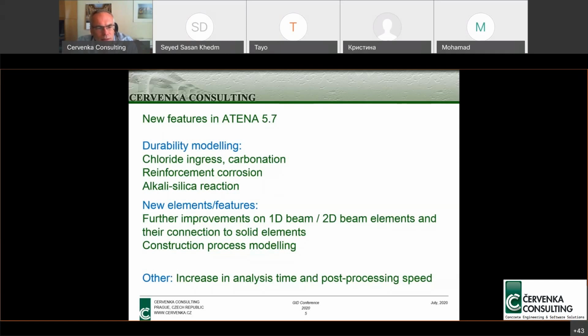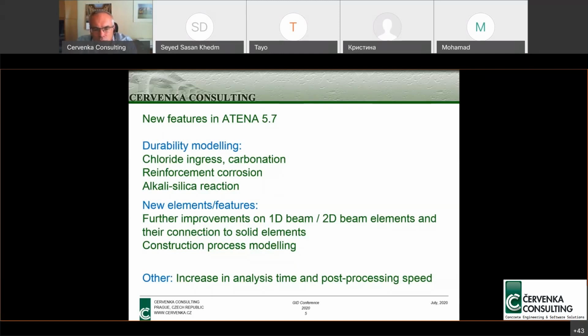Another new feature is the further improvement of 1D beam and 2D shell elements. Sorry, there was a mistake, not 2D beam, but 2D shell elements. As you know, in the past we used to have 3D beams, that means you model a beam as a 3D element.